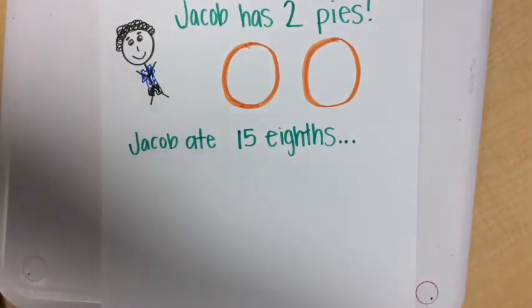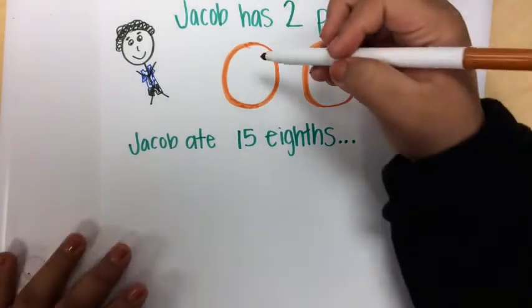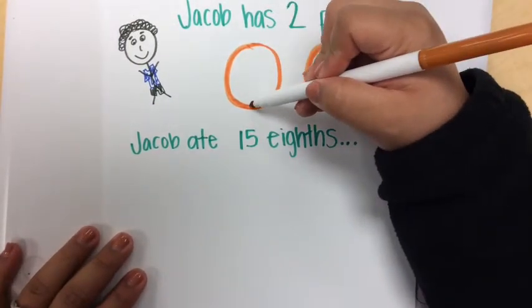If he ate 15 eighths, what do you think that the pie is partitioned into? Denise? Into eighths. Perfect. So let's partition these pies into eighths.